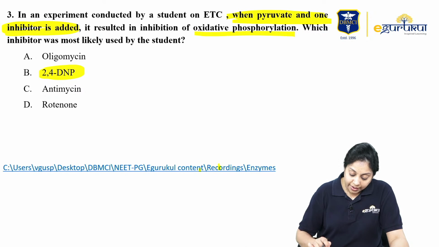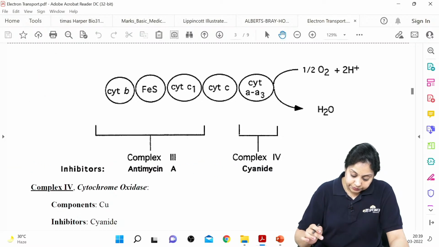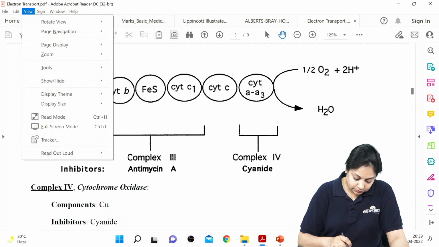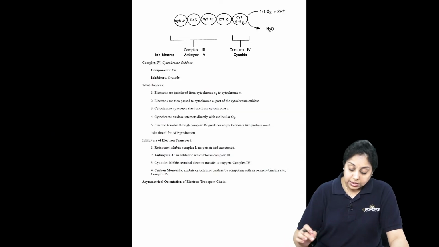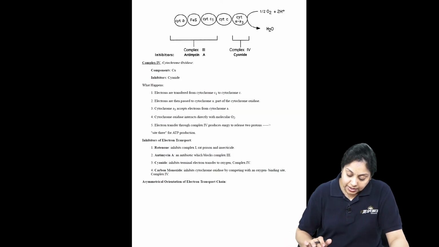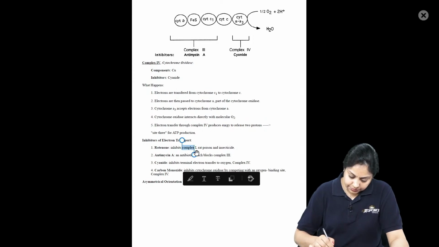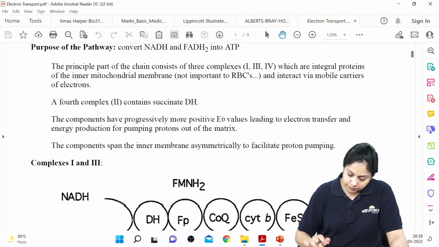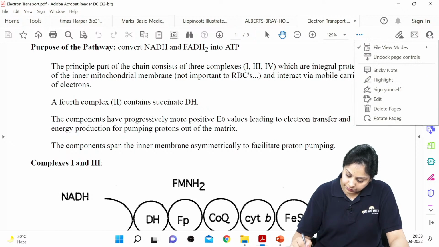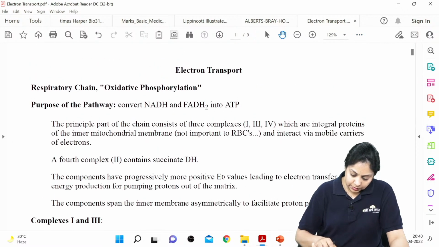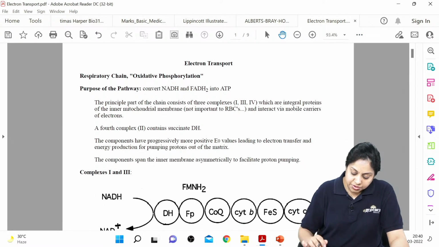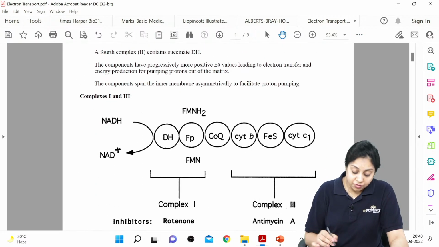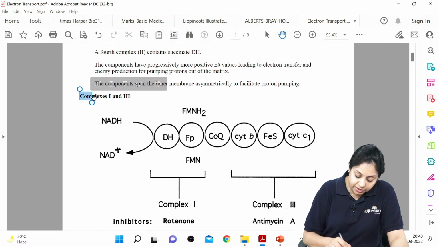And if we jump back to the class notes, what have we studied in the class? The electron transport chain is composed of 5 complexes. Complex 1 and 3, right?